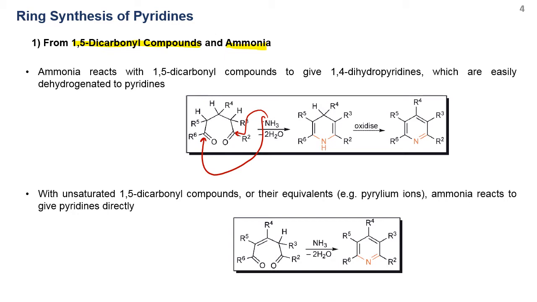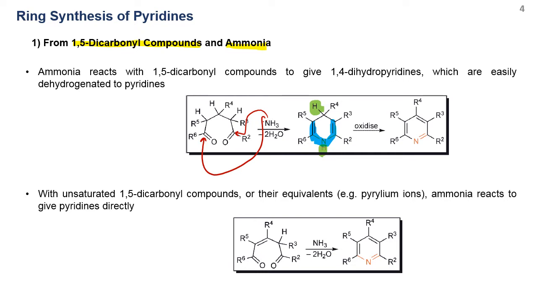So your final product is not the pyridine yet. You will form a double enamine unit here. From here, you need to oxidize, using some oxidizing agents, but they are easily dehydrogenated to pyridine because pyridine is stable.